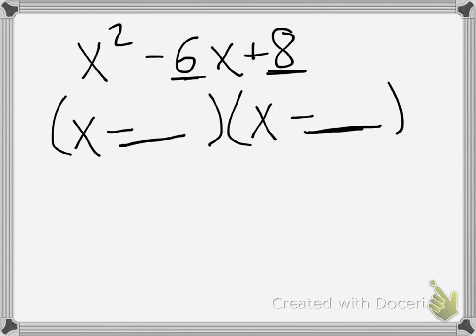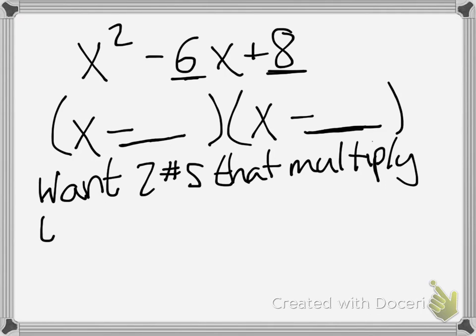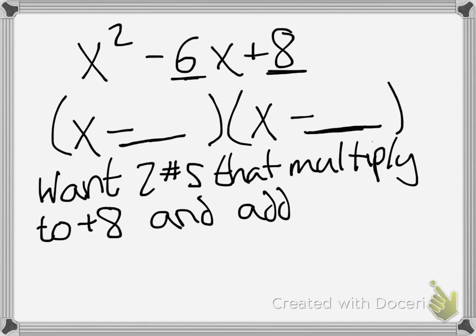So I want two numbers that multiply to that constant term, which is plus 8, and add to that x coefficient, which is negative 6.